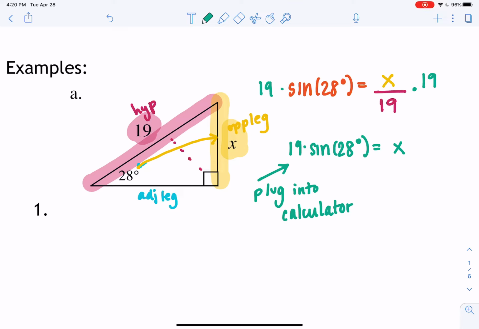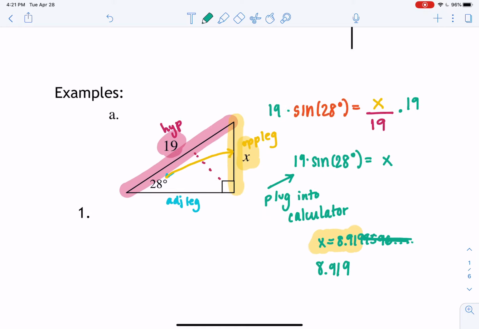Then hit enter, and we should get x is equal to 8.9199596, etc. We only need 3 decimal places, so 8.919, and we won't round, we'll just truncate, which means cut off the rest of them. So 8.919. So that's one example. If you feel like your memory has been jogged, go ahead and go back to Desmos and try a couple on your own. If you want a couple more review ones, stay with me.